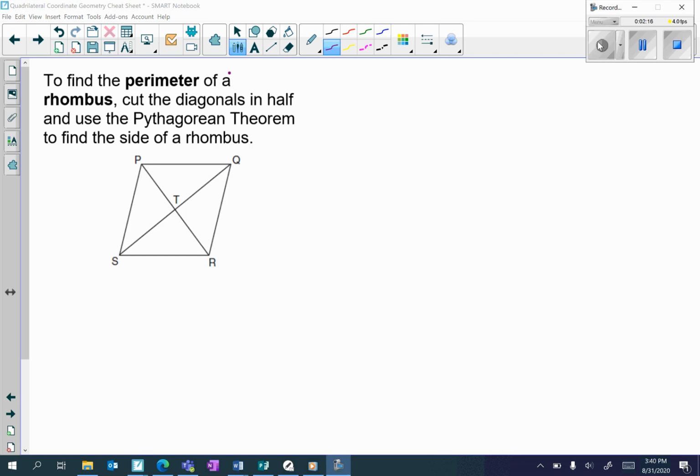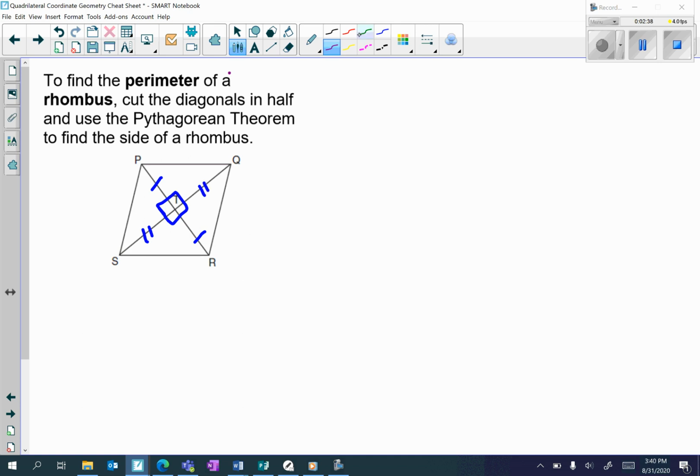Next, to find the perimeter of a rhombus, cut the diagonals in half and use the Pythagorean theorem to find the side of the rhombus. So remember, the diagonals are perpendicular, forming 90-degree angles, and they also bisect each other, meaning PT is congruent to TR, and TS is congruent to QT.